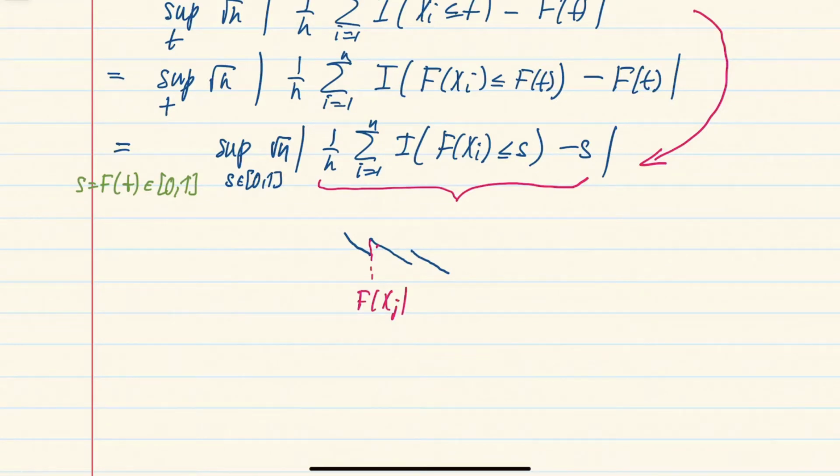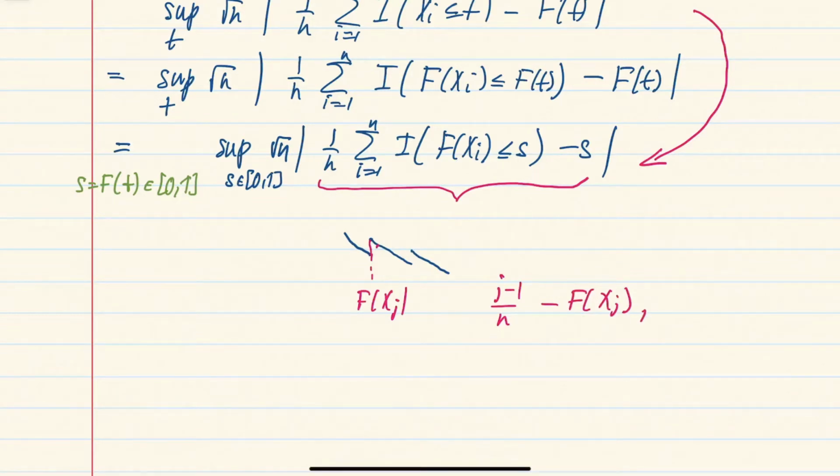So in particular, if you take such a value f of xj, to the left of this you only have seen j minus 1 points before that. So the first proportion will be just j minus 1 divided by n. While the second continuous term to the left of this point is going to be f of xj in the limit when you approach this point, because of continuity of the second term.